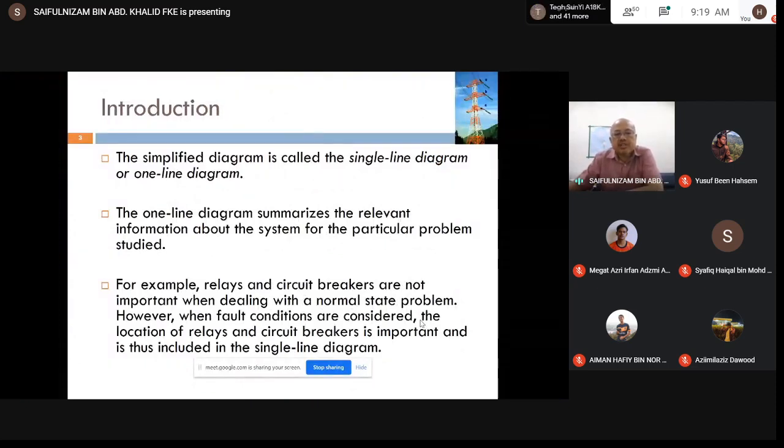In the case of a transmission line, for example, the conductor size and the spacing are given.